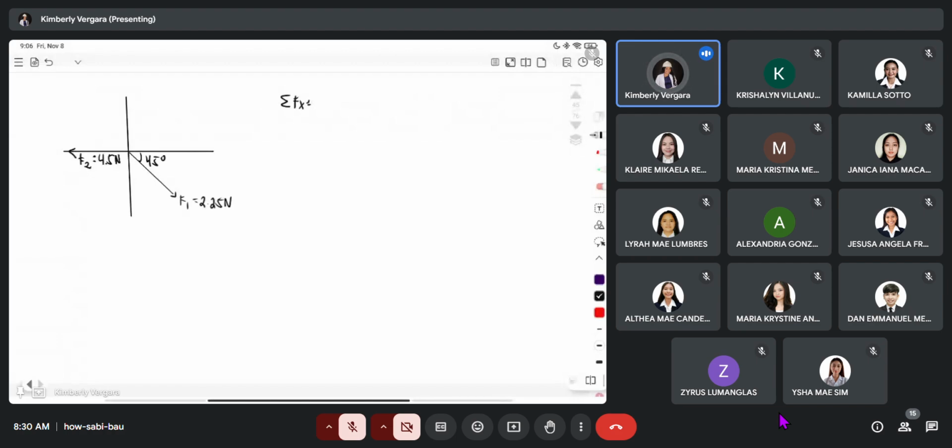Summation of forces along x po natin is F1 and then x component, this one.